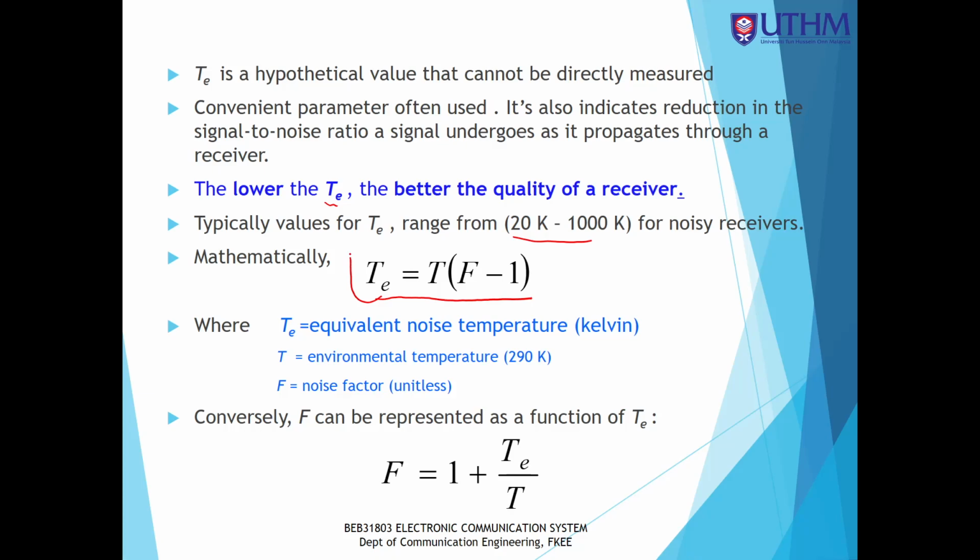Okay, so you need to understand this equation. TE is the equivalent noise temperature in Kelvin. T here is the environmental temperature, by default 17 degrees Celsius or 290 Kelvin. F is the noise factor, unitless.